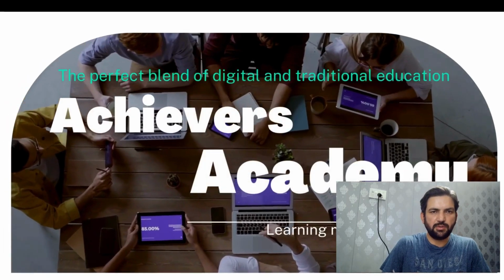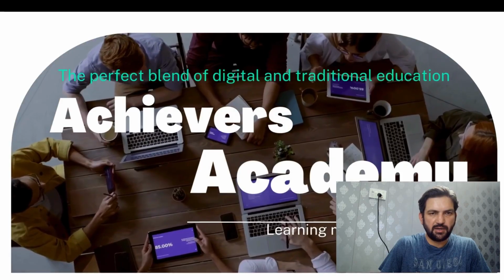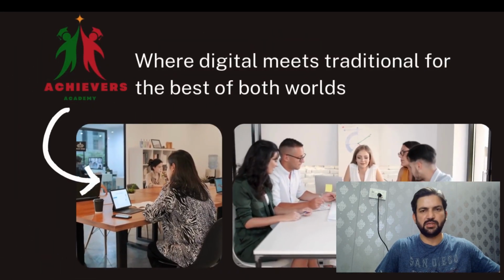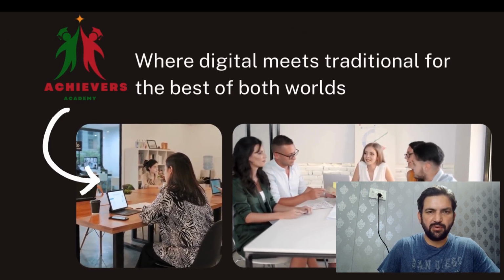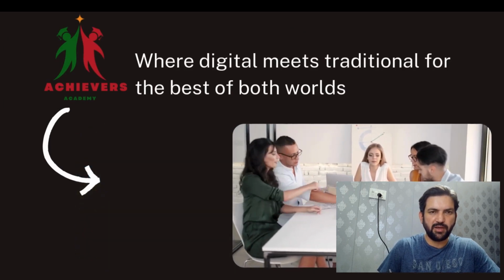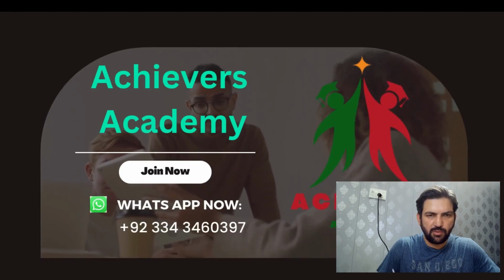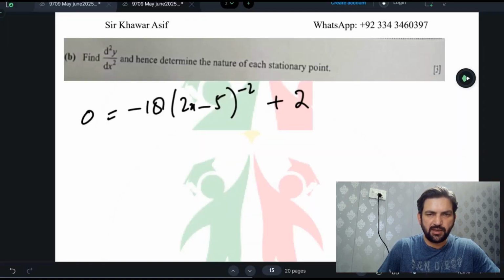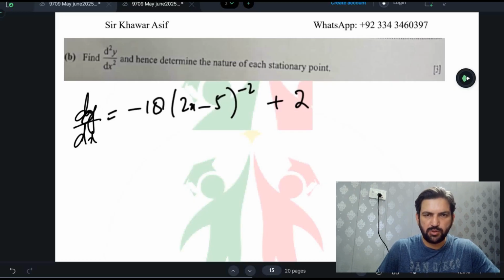Now in part B, we have to find out d square y by dx square first, and we know that if we take the derivative again, we will get d square y by dx square. So this will be equals to minus 18 into minus 2 into (2x minus 5) to the power minus 3, into the internal derivative, which will be 2.